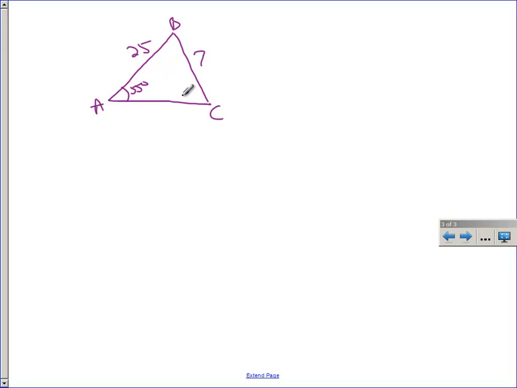So what we could do here is set up the law of sines. The law of sines would say that the sine of 55 degrees over 7 has to equal the sine of angle C over 25. So this doesn't look hard.